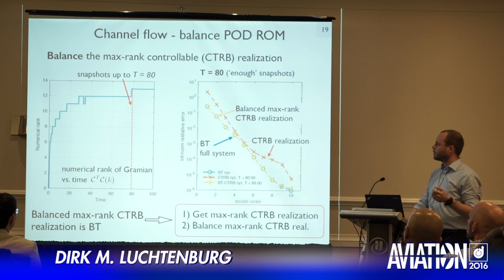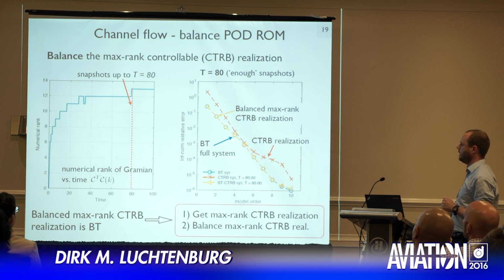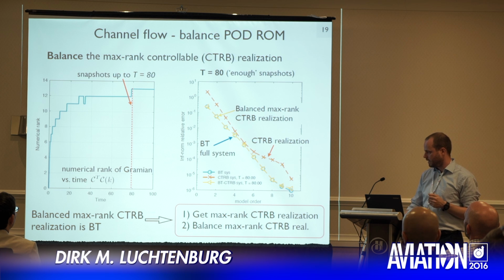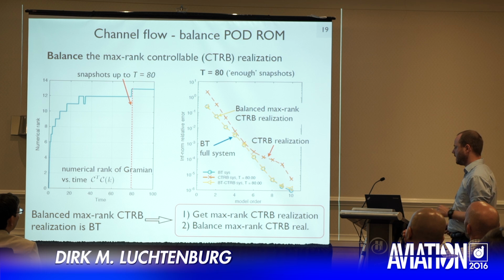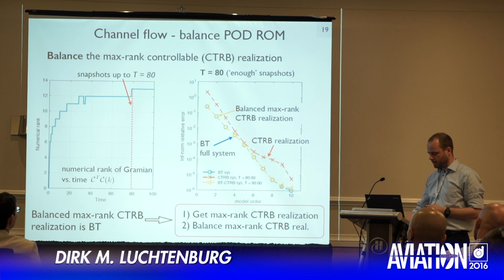Of course one can continue this procedure, taking more and more snapshots, and then you will see that you converge quicker and quicker to the best you can do with balanced truncation. So the story here is that you want to get the maximum rank model and then balance based upon that model.